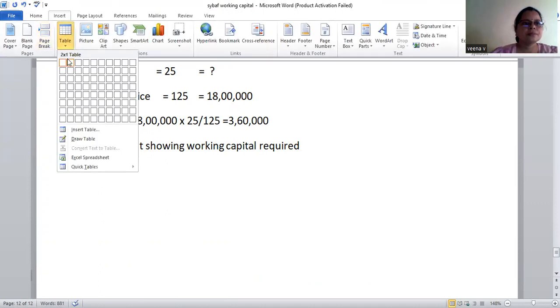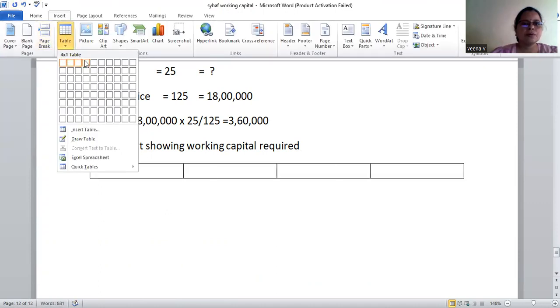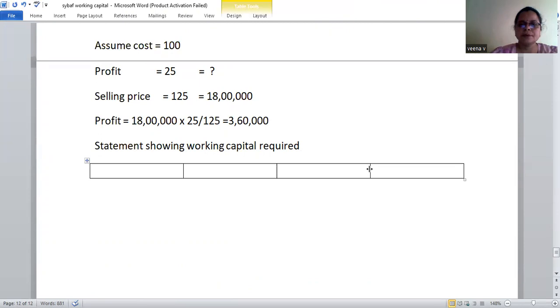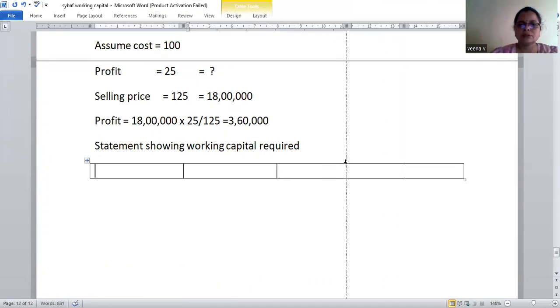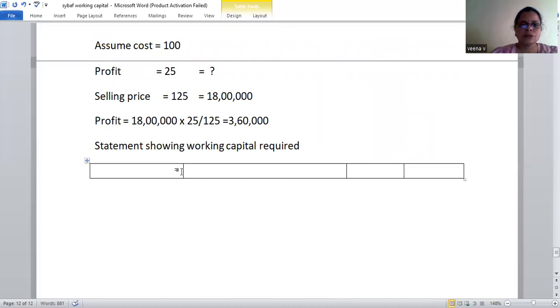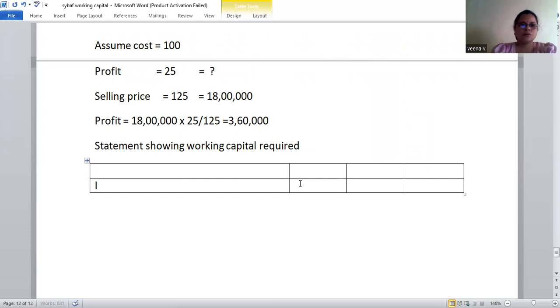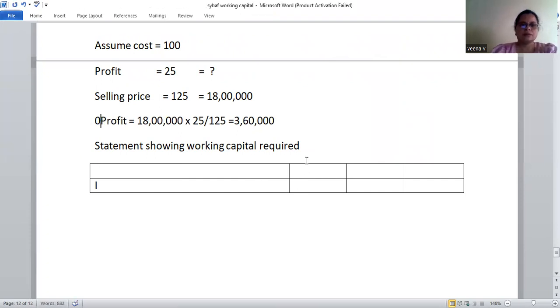Particulars, and for amount, 3 columns will be there. Now let us start with the first, Roman 1. What will be our Roman 1? Roman 1 will be current assets.